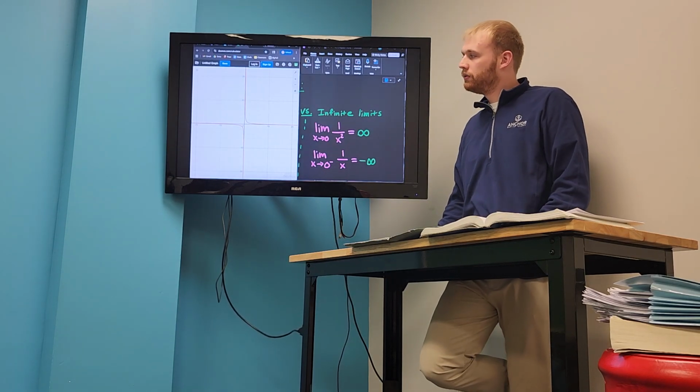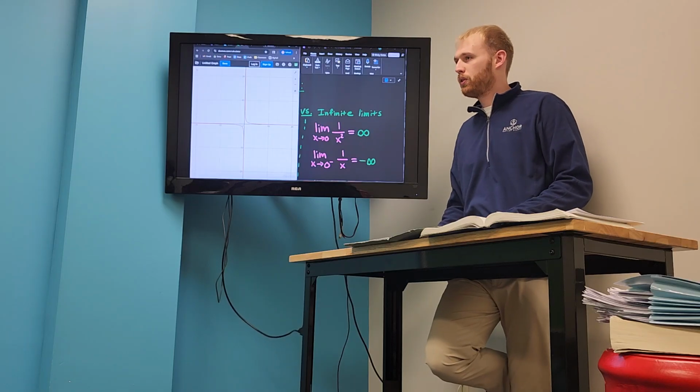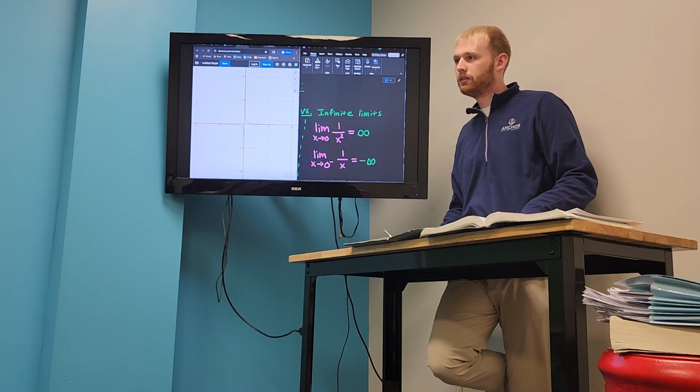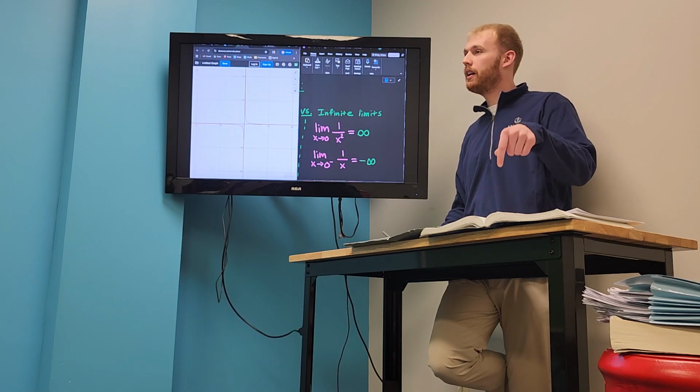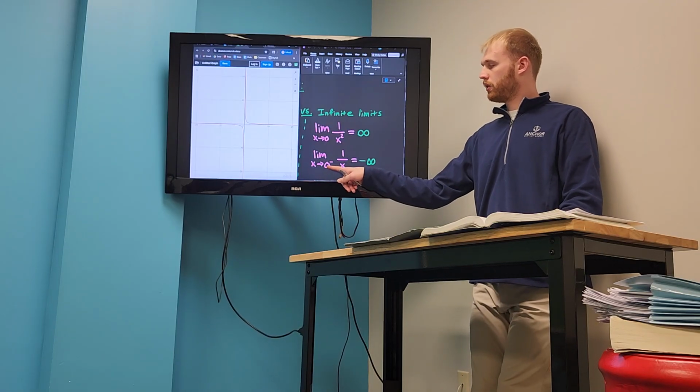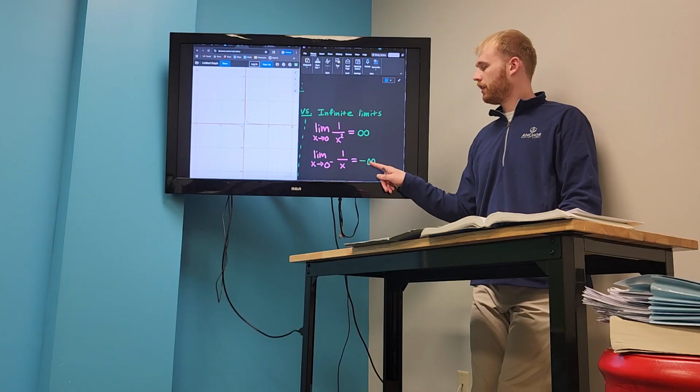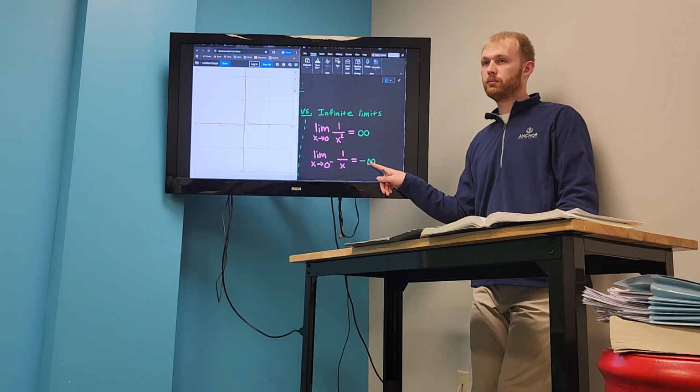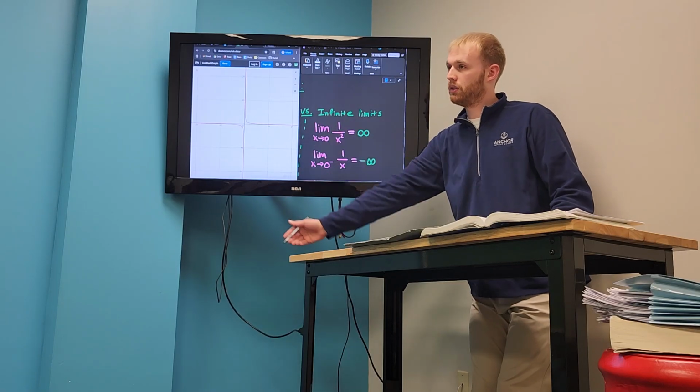If I was at 0.0000001, I'm going to be way down there. So this is why we say the limit as x approaches 0 from the left of this function is negative infinity. Because it's going to blow down all the way.